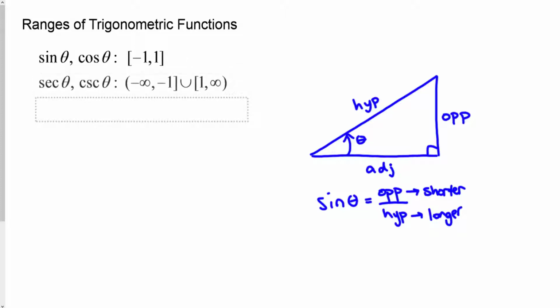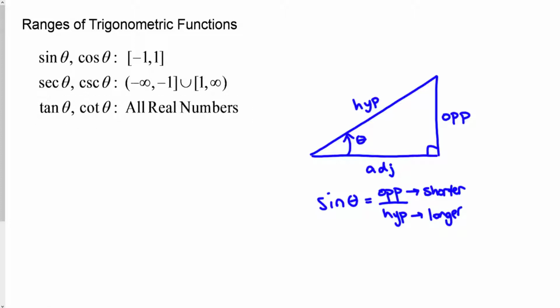Secant and cosecant, if you take the inverse of those, then you're taking the hypotenuse, which is always longer than the opposite or the adjacent. So you're always going to get something larger than 1. This is in the range from -∞ to -1, and then 1 to infinity. And tangent, you could get any real numbers, just depending on the side ratios. So its range is all real numbers.